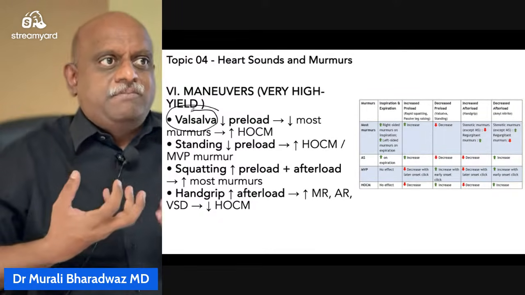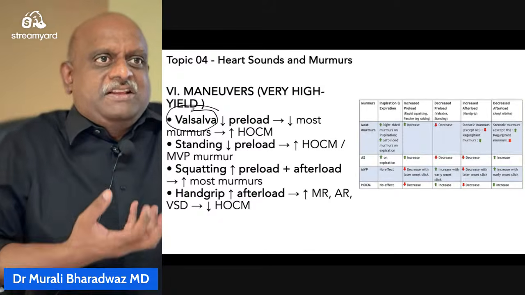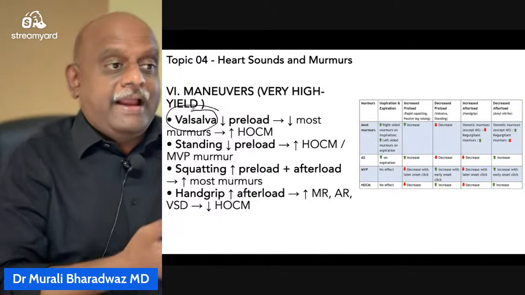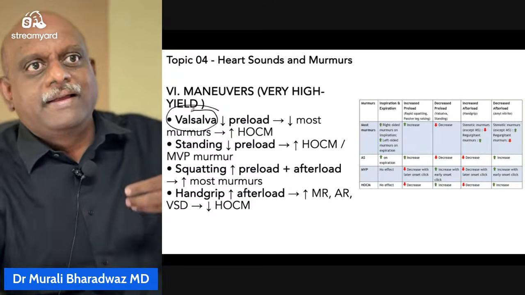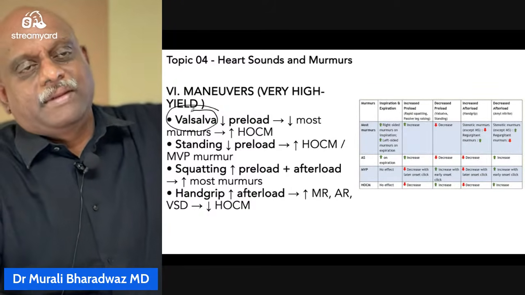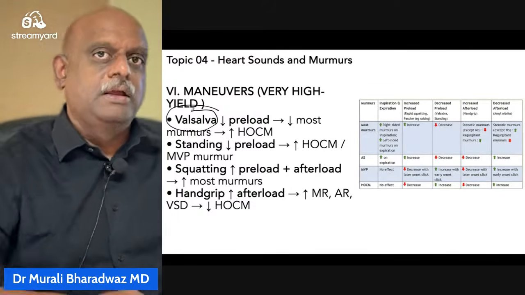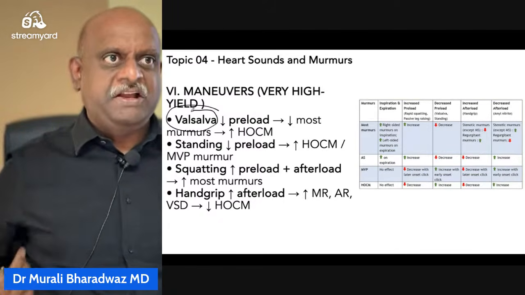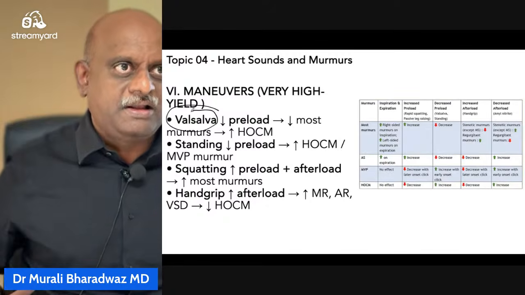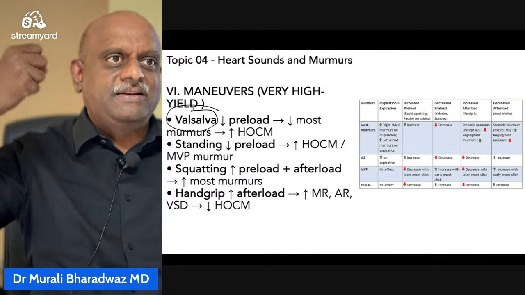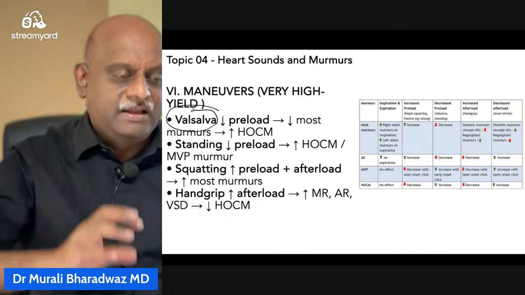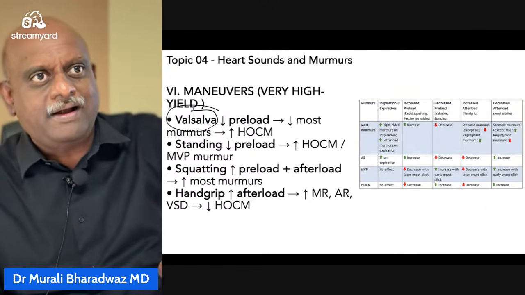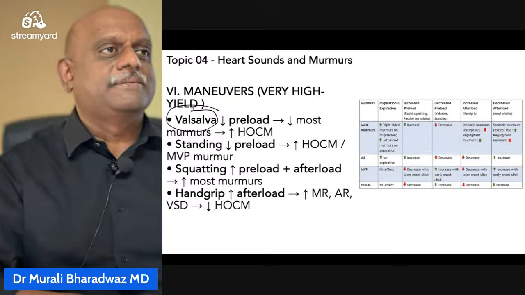That will suck the blood from the great veins into the heart, and the filling of the heart will increase. When you do forced inspiration, negative intrathoracic pressure creates a sucking pressure that brings increased venous return from the great veins into the heart, and the filling of the heart increases.